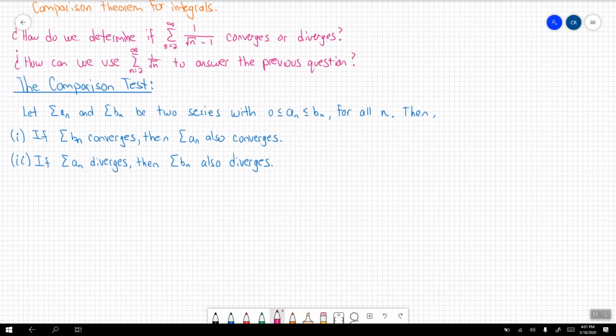Now, for the strategies that we're looking at for the comparison test, a lot of students tell me that the comparison test is one of the hardest tests to conduct, simply because it deals a lot with comparing functions.